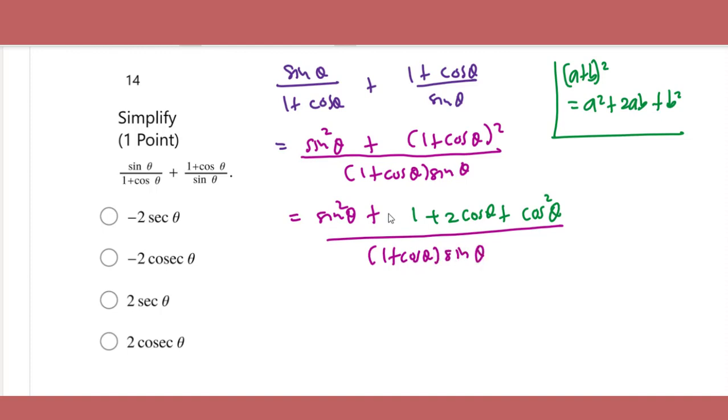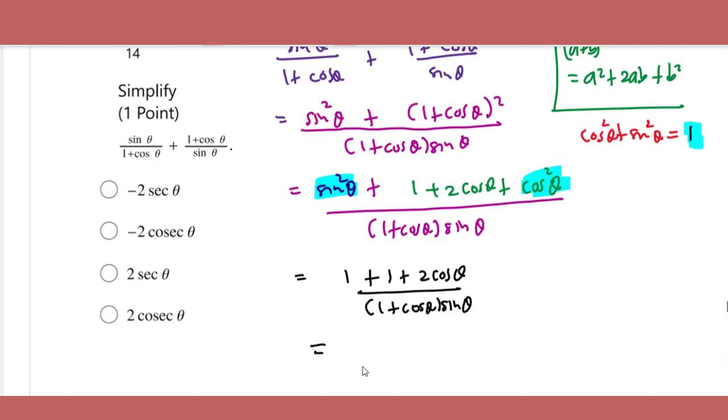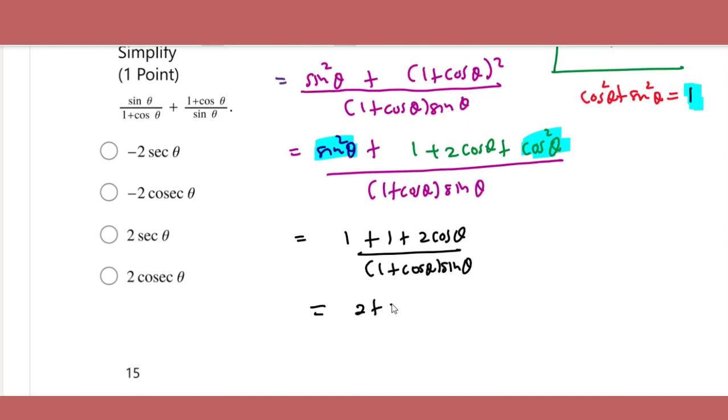Do not expand the denominator. The next step, sin theta squared and cos theta squared: using the identity cos theta squared plus sin theta squared is equal to 1, we get 1 plus 1 plus 2 cos theta over 1 plus cos theta times sin theta, which is 2 plus 2 cos theta over 1 plus cos theta times sin theta.